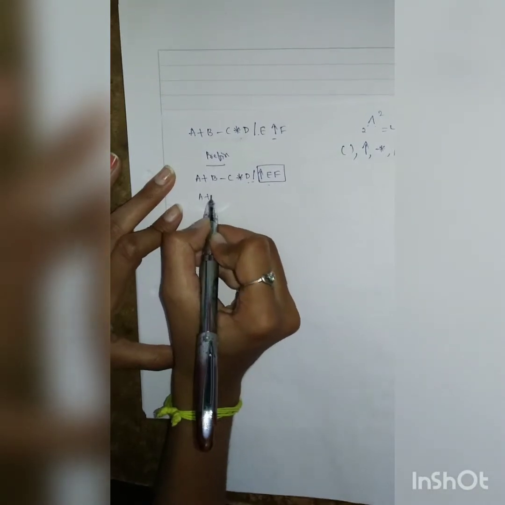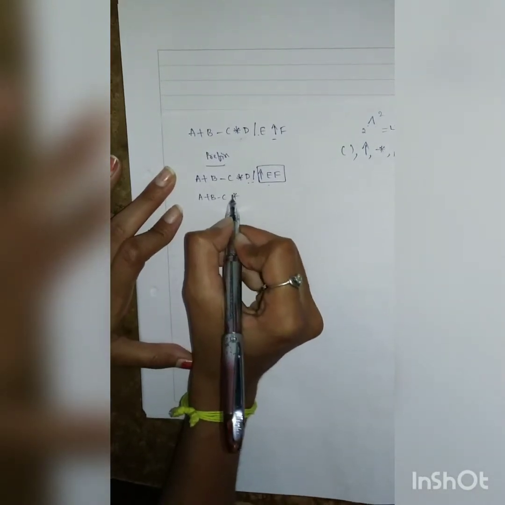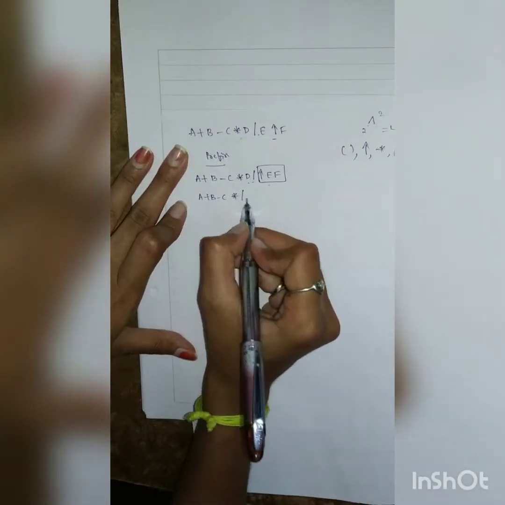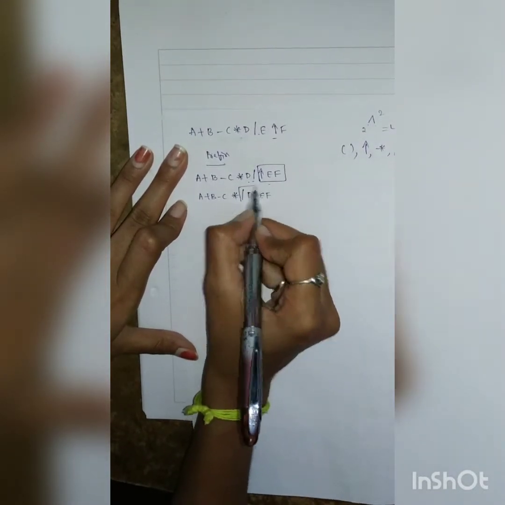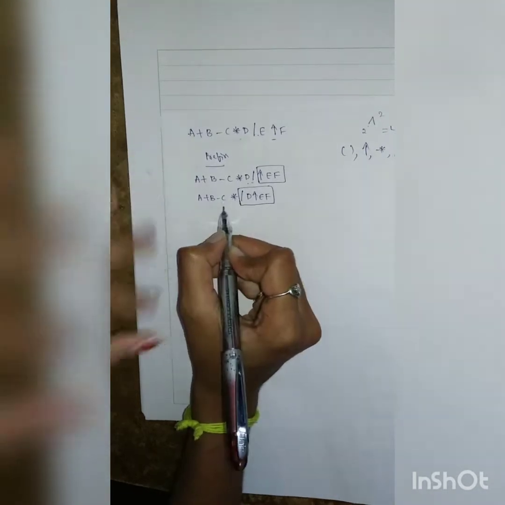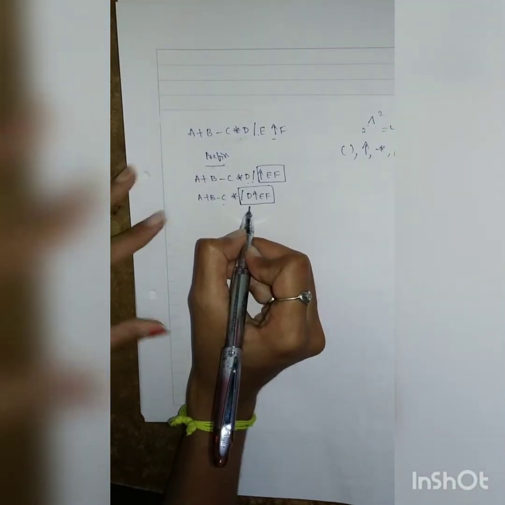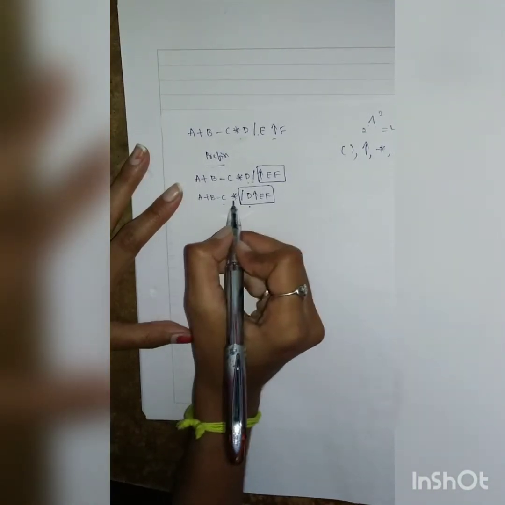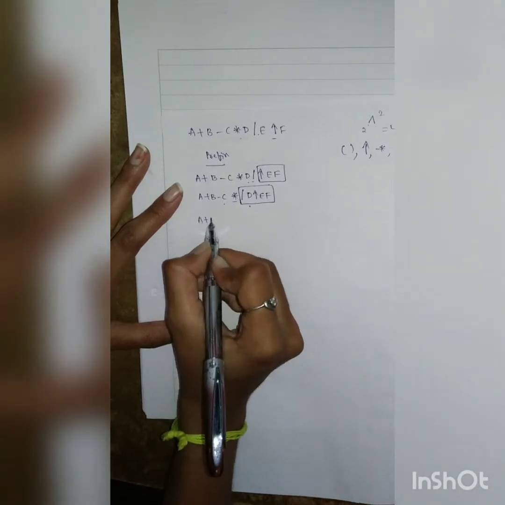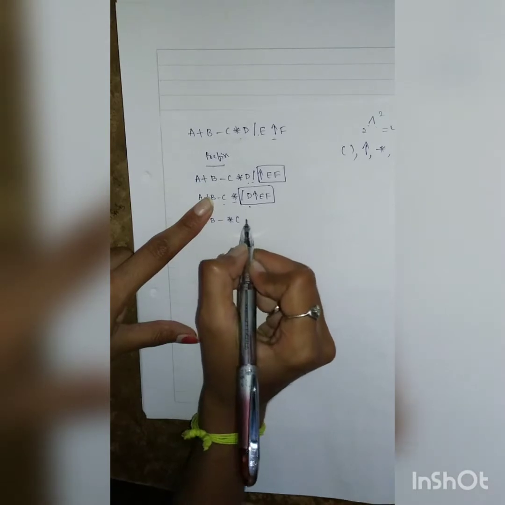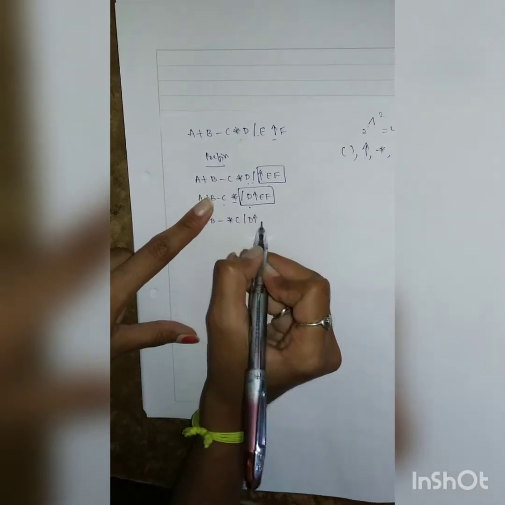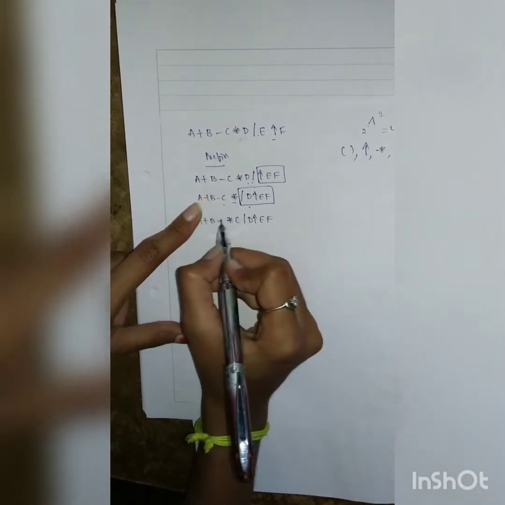So A plus B minus C into, this slash comes before D arrow E F. This we consider as 1. Now see, this is one operand, in between star is the operator. So A plus B minus star before that C slash D arrow E F.